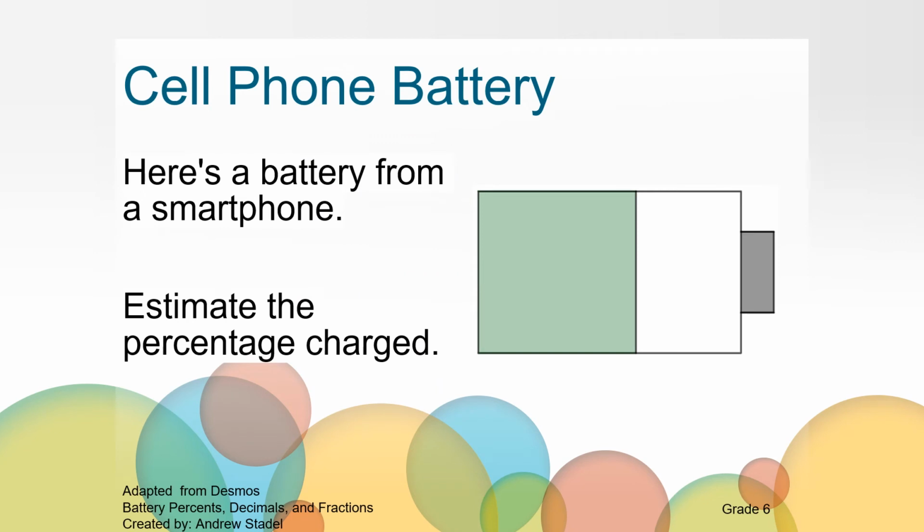Sometimes you might see an icon like this, the little battery, at the right-hand corner of a phone. If the battery icon is 100% filled in, then you have a full charge. This battery does not have a full charge. Take a moment and think about this. Estimate the percentage that the battery is charged.